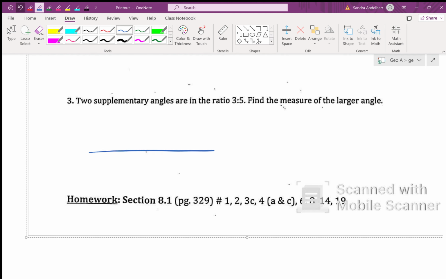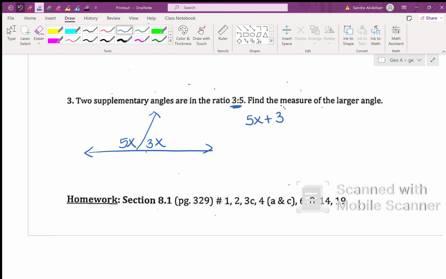Straight angle, you got it. So I'm making a straight angle. And remember, I've been stressing this probably since September: the minute you take numbers out of a ratio, what must you put with them? An x. So I will say one angle is 3x, the other angle is 5x.